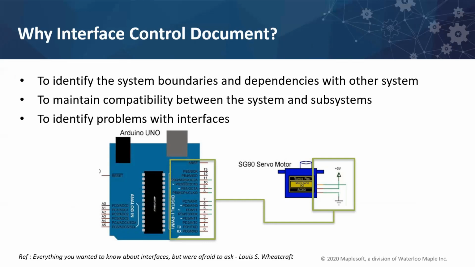So in this case, when you have an interface control document, you are not given any surprises when you do the integration. Everyone is given a standard document that the system or the subsystem that you're going to define is going to interact, in terms of inputs and outputs, with a different system. So it's very easy to identify and maintain the compatibility between subsystem and subsystem.